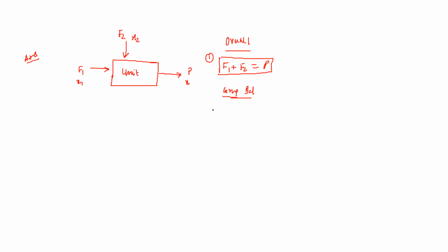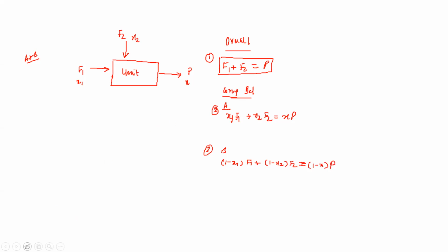Therefore, I'll make equation number 2 by balancing component A: x1 F1 plus x2 F2 is equal to x P. And the third equation I'll form by balancing component B, which is (1 minus x1) F1 plus (1 minus x2) F2 is equal to (1 minus x) into P. So this is how I'm going to make my component balance equations.